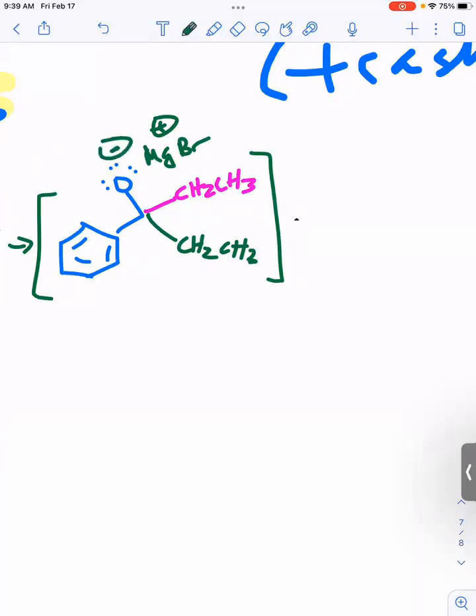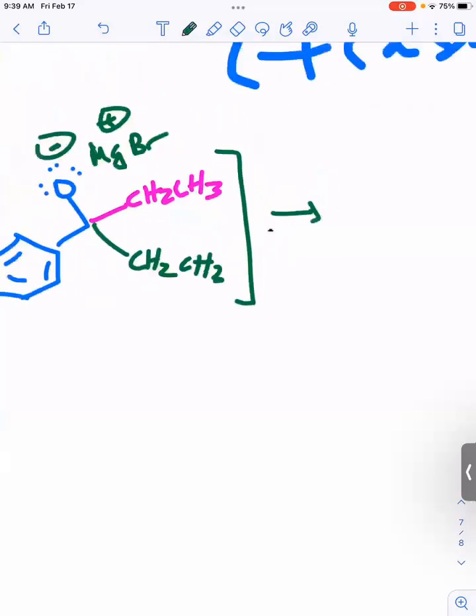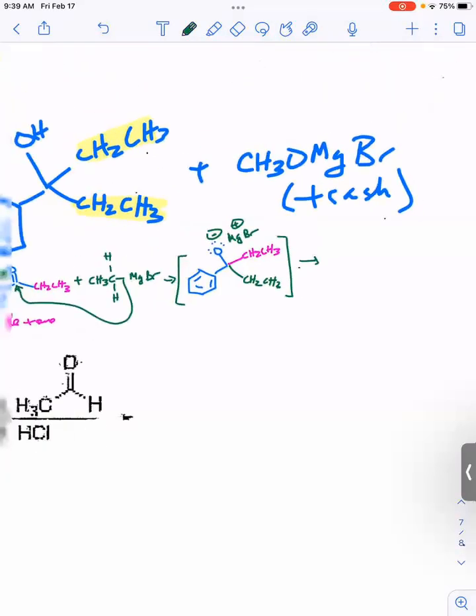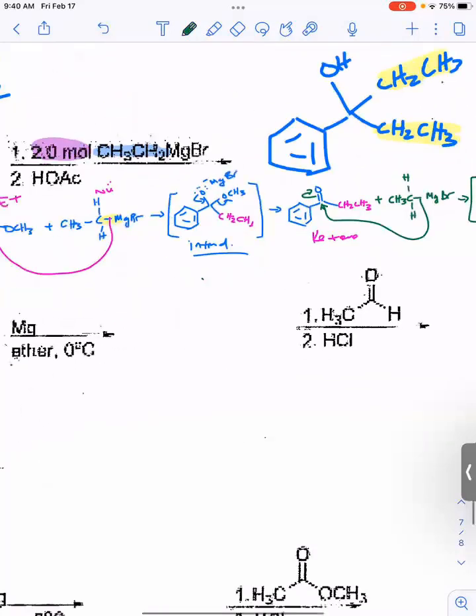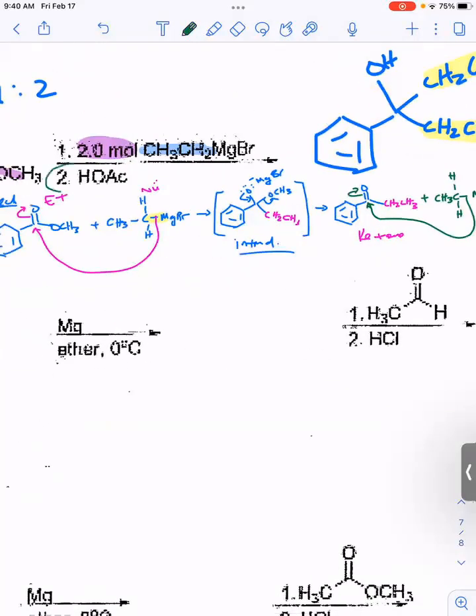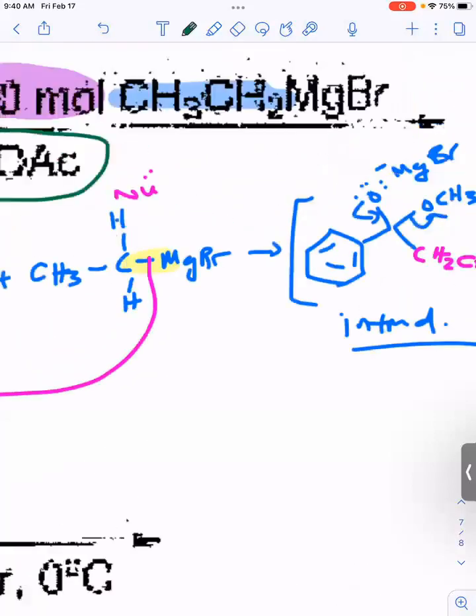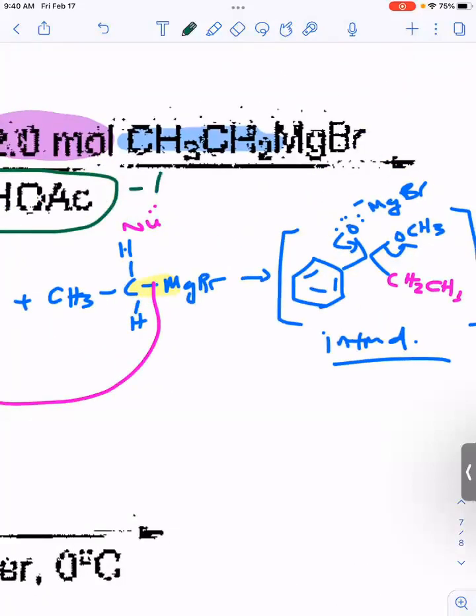All right. Now, what's the last thing I need to do with this? To make it into alcohol. That's what the second step is for, right? This step right here. Remember, that HOAc is an abbreviation for acetic acid. Which is what?